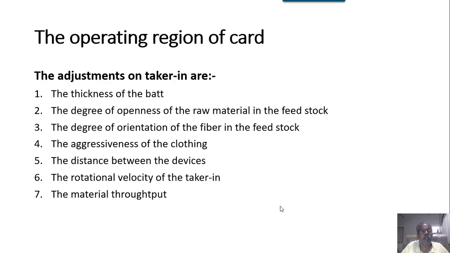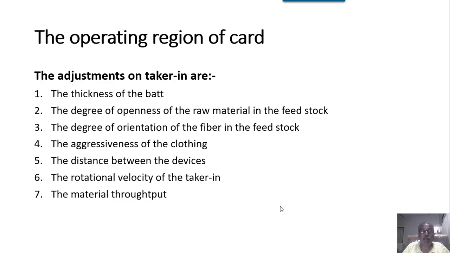Operating region of the card: thickness of the bed, degree of openness of the raw material in the feedstock, degree of orientation of the fiber in the feedstock, aggressiveness of the clothing, distance between the devices, rotational velocity of the Likkerin, material throughput. Already I have discussed the common points. What are the prerequisites of the card in case of that one, but there are a few additional points here. That's why I have included them here.